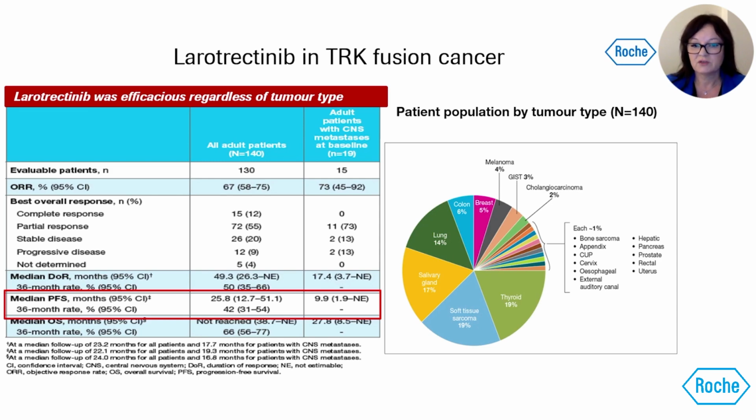Larotrectinib was efficacious regardless of tumor type, and the overall response rate was 67%, and in adult patients with CNS metastasis at baseline, 73%.